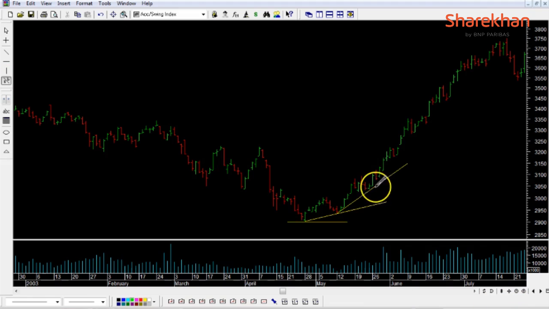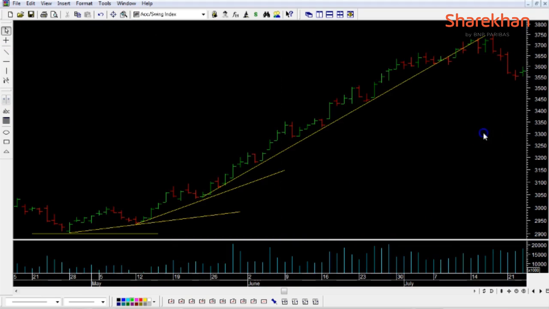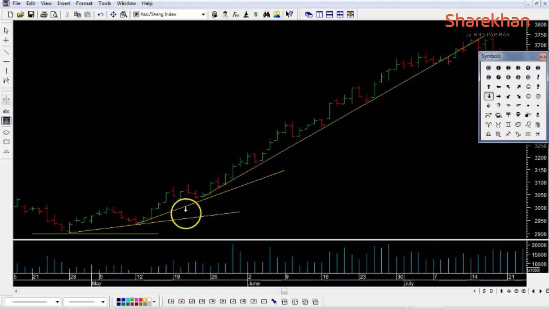Now, as a trend continues to extend, a technician will redraw trend lines till the point where he has a trend line that is tested many, many times and becomes the strong, actionable support line for the entire move. So, what you're seeing here is once this trend took off, we had multiple support points develop along this line.